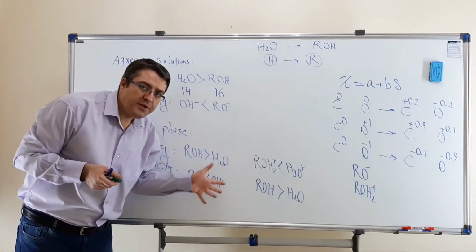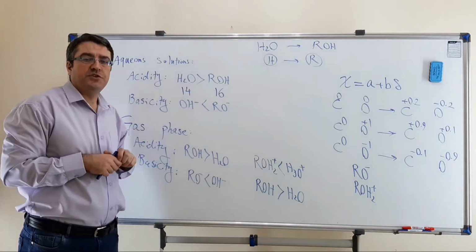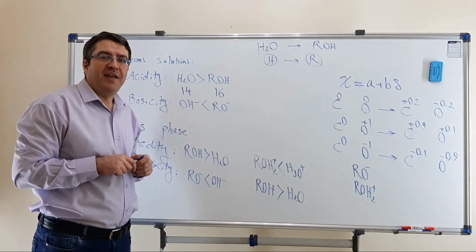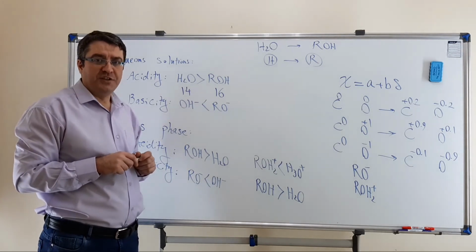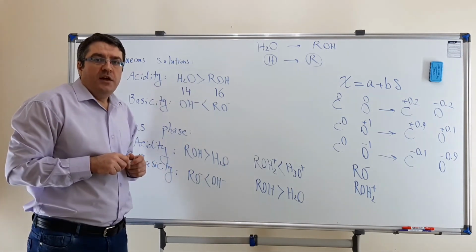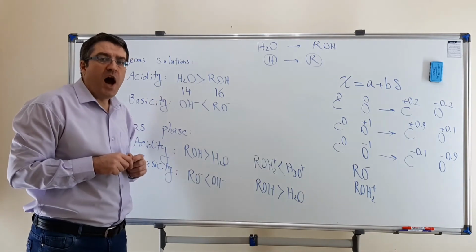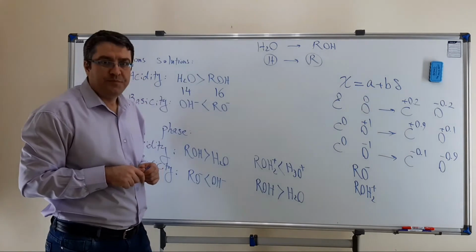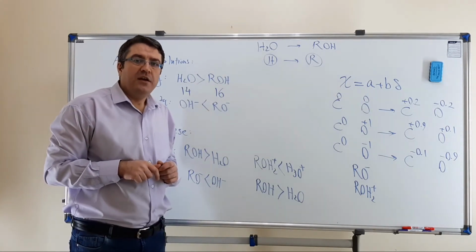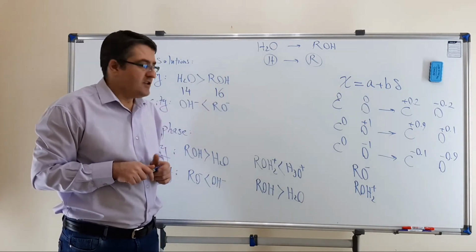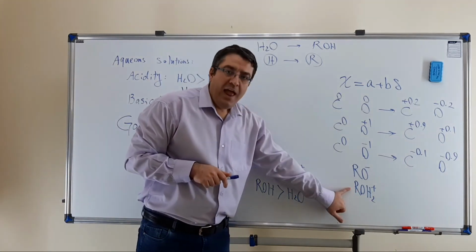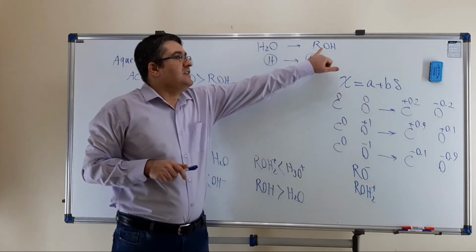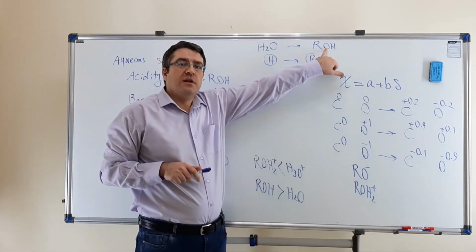But these orders are reversed in aqueous solutions, because polar solvents such as water can have strong solvation effects. Especially, water can form hydrogen bonds with species such as these ones. Here, ionic species such as these ones have an advantage over neutral species such as alcohols themselves.